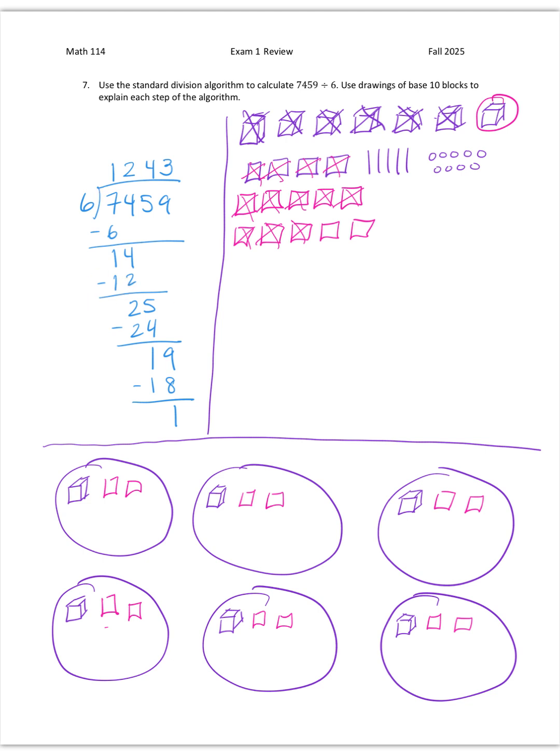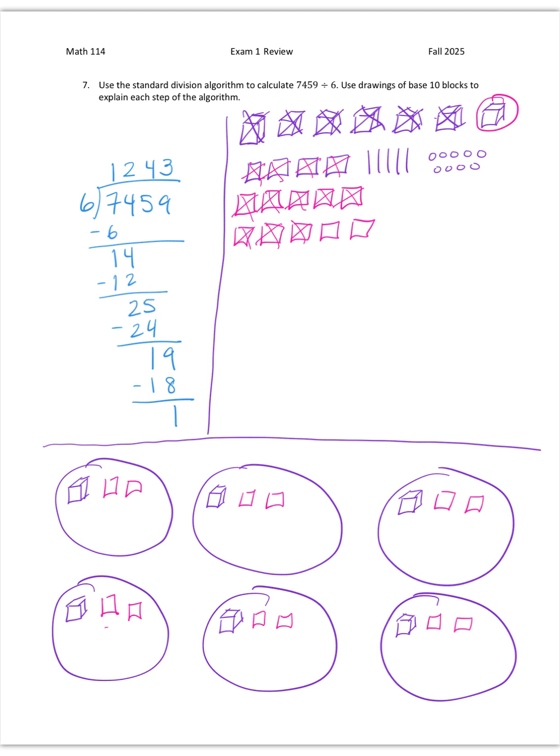How many do I have left? This is why we subtract. We started with 14 flats. I just gave out 12 to the groups. Subtract, I have 2 left. So I have 2 left, 2 flats, which is not enough to give out flats to the 6 groups. So I am now going to look to the tens place. I'm going to convert these to tens so that I can combine them with these tens, and I'll have 25 tens.